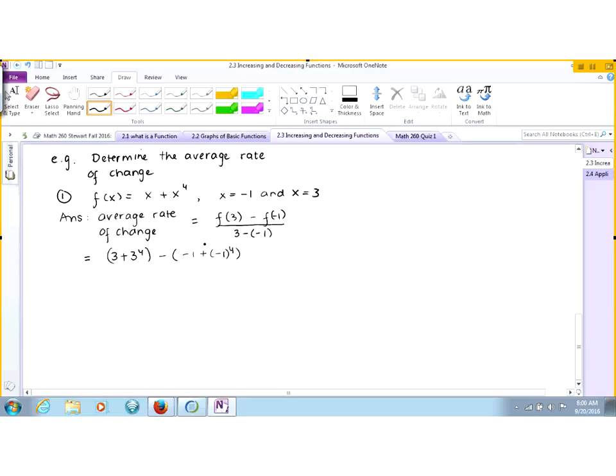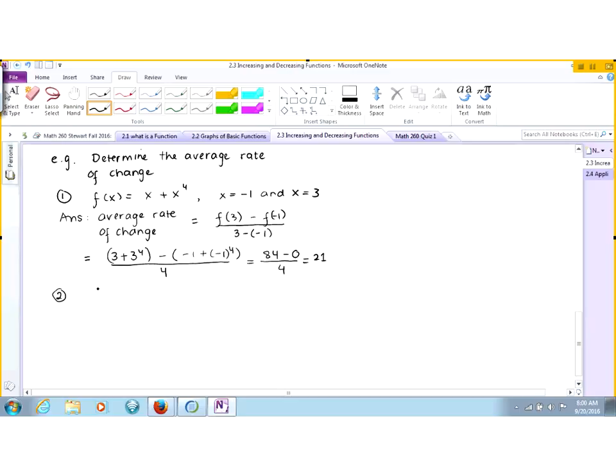So it's actually easier to do it in your head. 84 minus what? Divided by 4. So this is 84 minus what? 0? Okay. Divided by 4. So our answer is 21. Good. Okay.